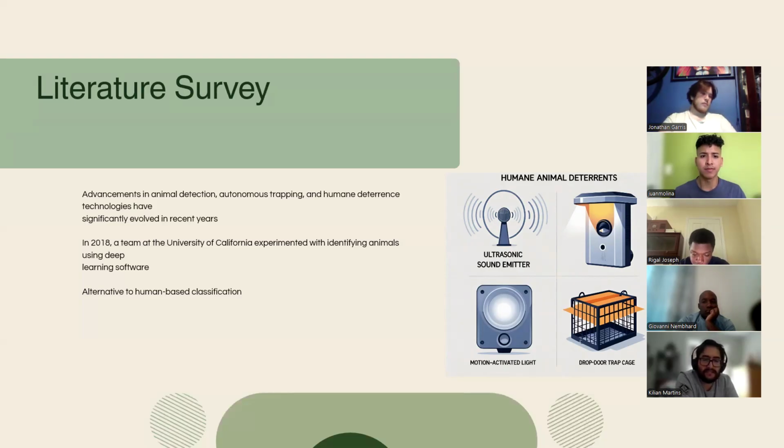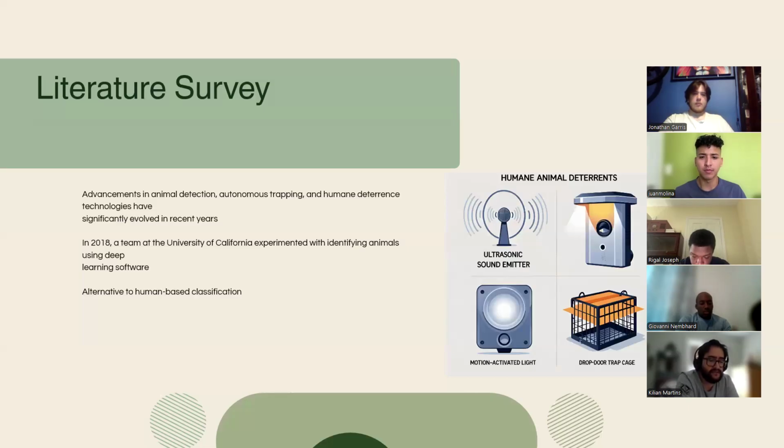In 2018, a group at the University of California conducted some research. They wanted to create a neural network to be able to identify certain animals in the wild.